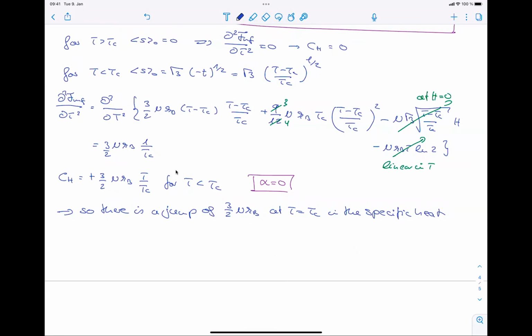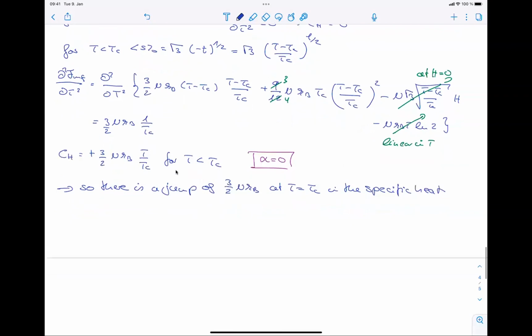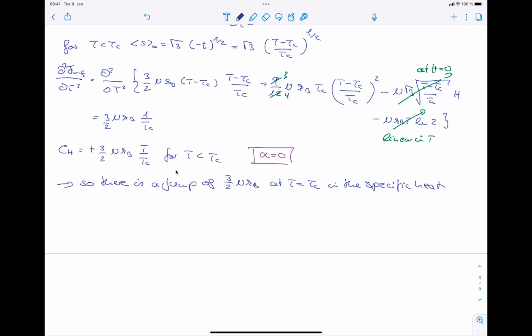Even if you are not able to find an explicit analytical solution, just plotting the Helmholtz free energy tells you what will be going on in the system, even though you can't write it down in an explicit equation. That's the power of it.